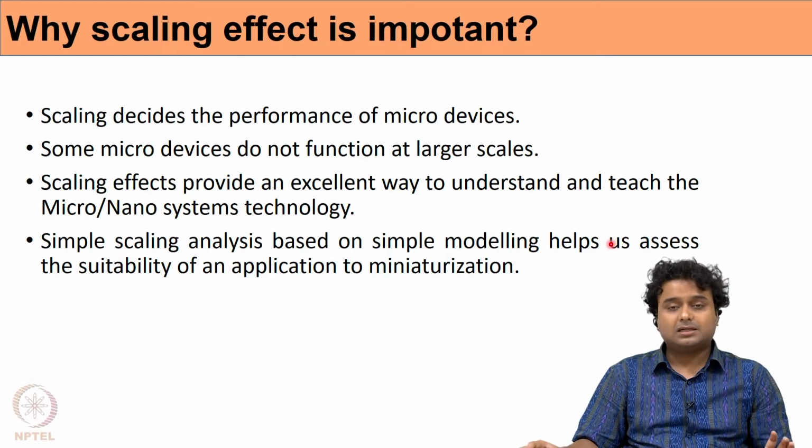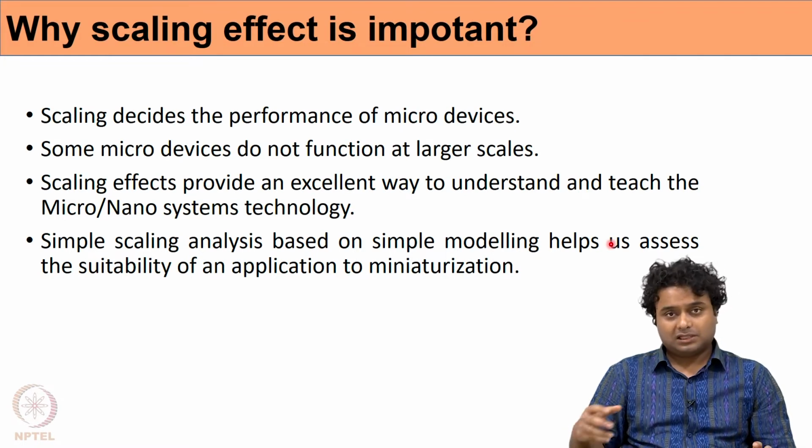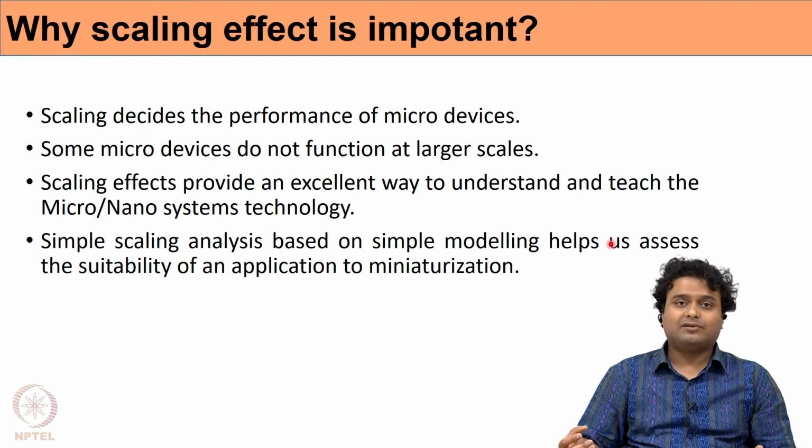The first thing is that the scaling actually decides the performance of the device. It means that whatever phenomena or physics it is relying on, how that physics changes while we are going to a lower dimension or a higher dimension.